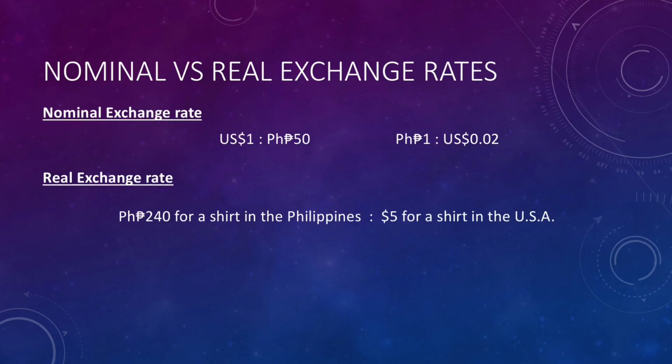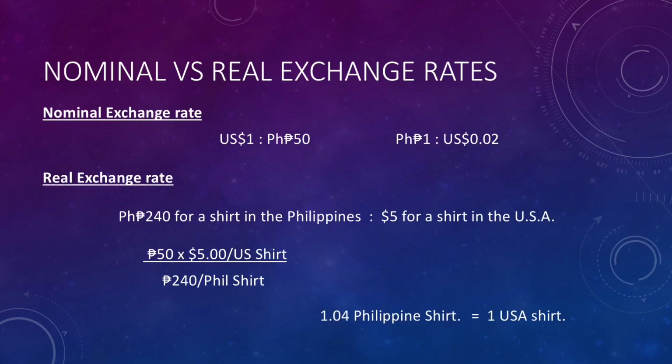If we do the calculation, 50 pesos per US dollar multiplied by $5 for every shirt in the US, and we divide this by 240 pesos per shirt in the Philippines, that would mean that 1.04 Philippine shirts would be equal to 1 US shirt.